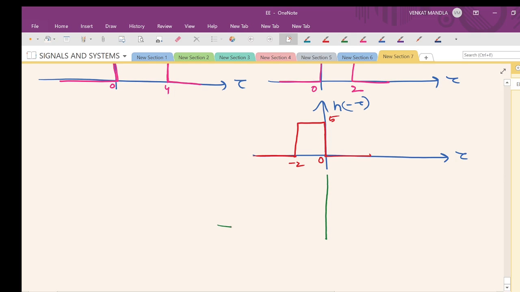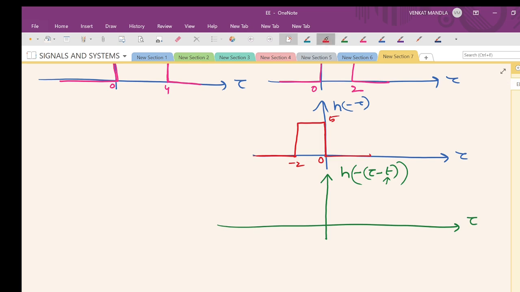Suppose t is negative, so h(minus of tau minus t): the signal h(minus tau) moves towards the left side. We add t to each limit, 0 plus t, t. If t is more negative, it moves further left.